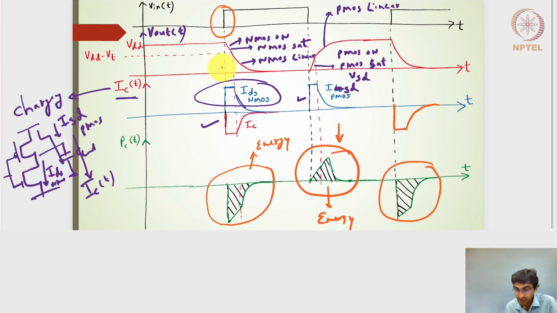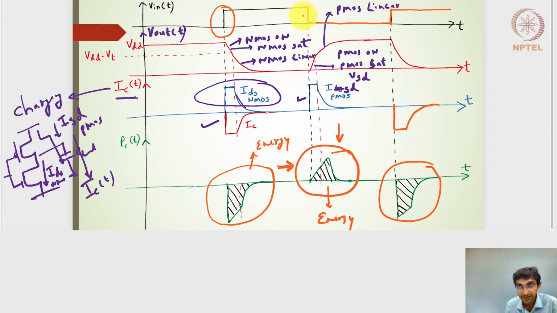So from now on, what we will do is we will consider the charging first and then the discharging. So we are going to ignore this effect. We'll start with this particular profile, charging, and then of course the discharging.